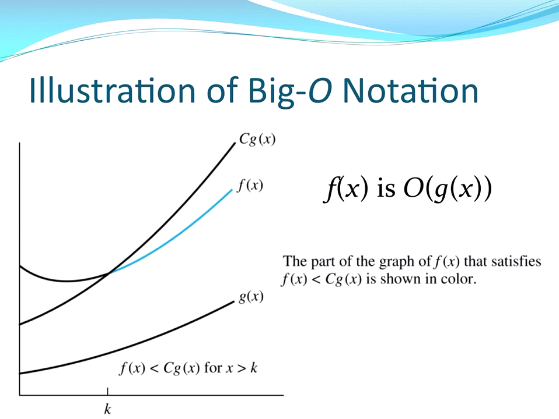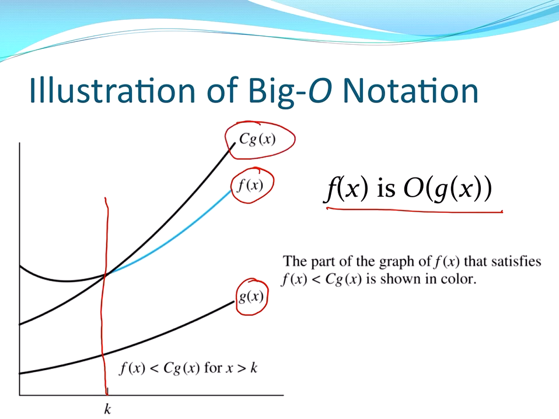All right, here's an illustration. Here, we say that f of x is big O of g of x. It doesn't mean that f of x is always greater than g of x. It just means that after some value, k, f of x is dominated by a constant times g of x.